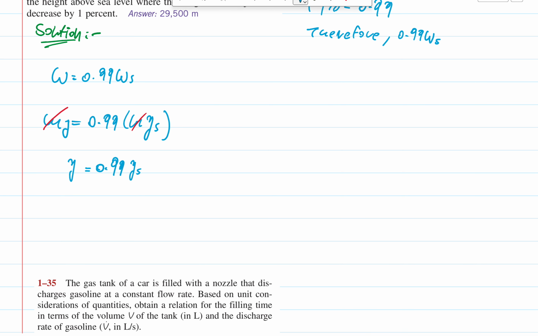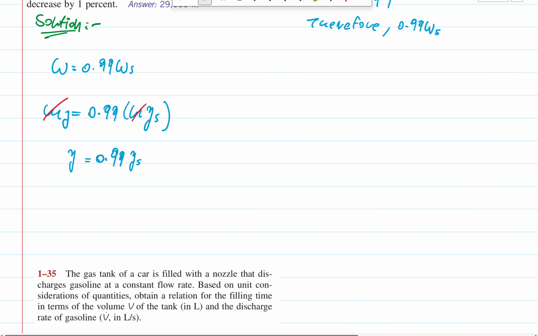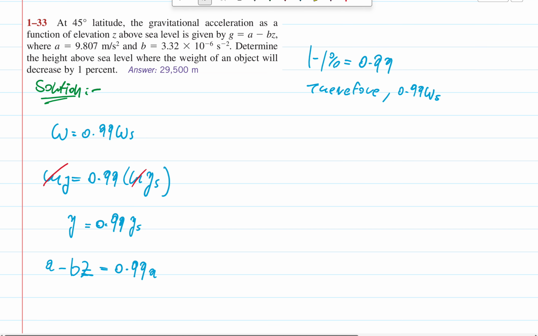All right. You rewrite this equation since we know from this equation that the gravity is equal to A minus BZ. We'll just rewrite that. So it's going to give us A minus BZ equals 0.99 A s. Yeah, I need to state my assumption. So what's our assumption?